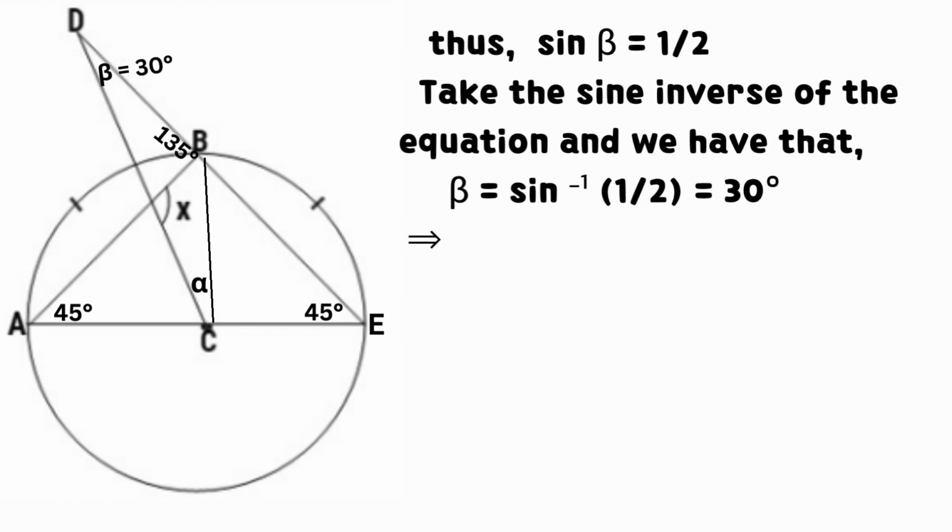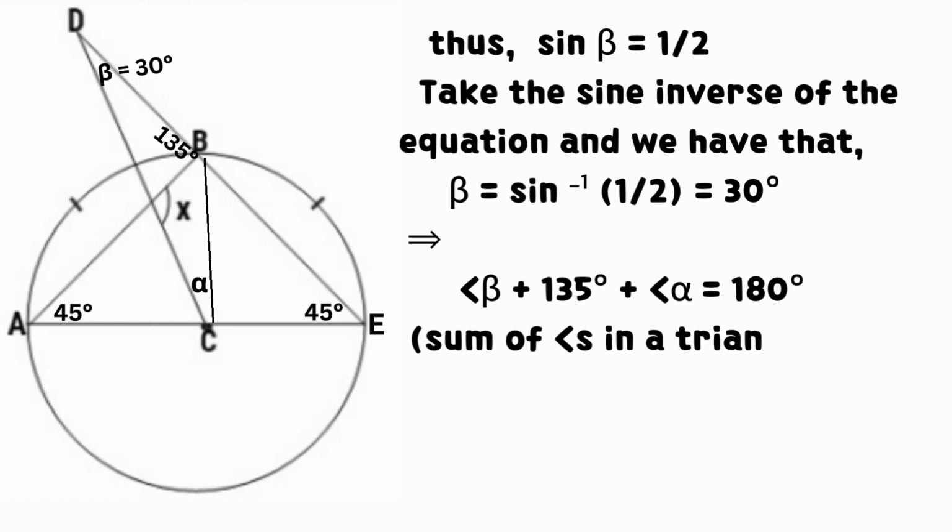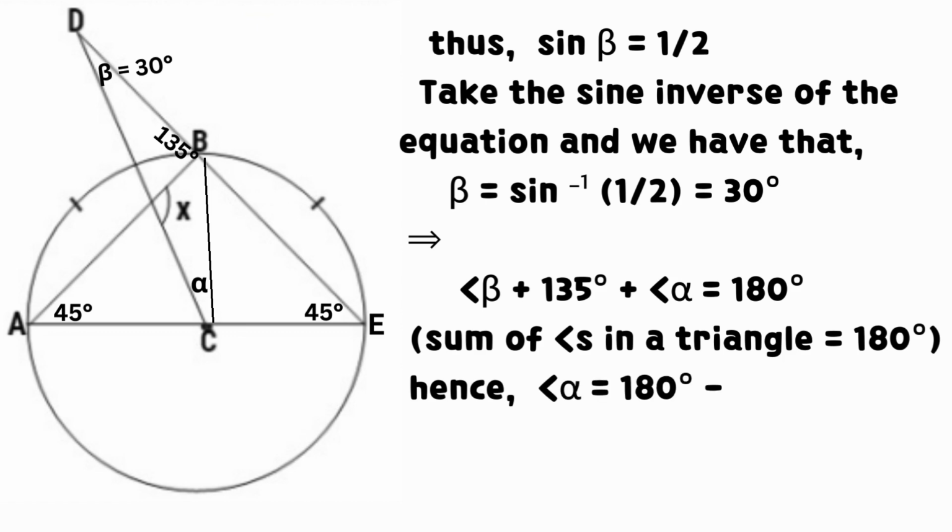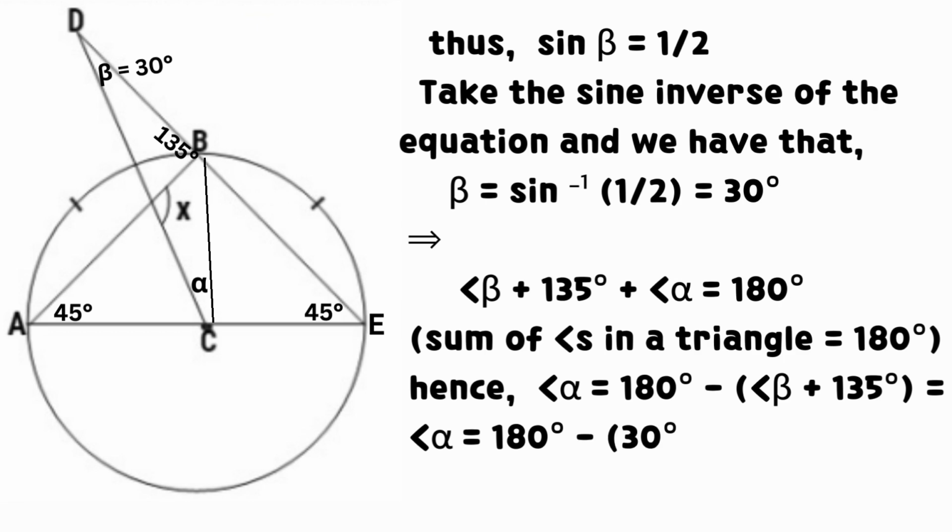It implies that the sum of angle beta, 135 degrees, and angle alpha equals 180 degrees. It is because the sum of angles in a triangle equals to 180 degrees. Hence, angle alpha equals 15 degrees.